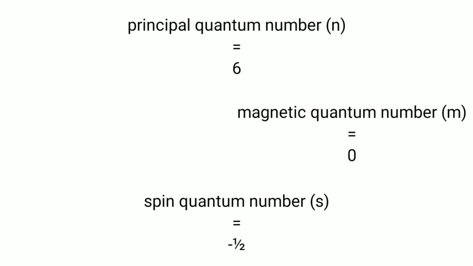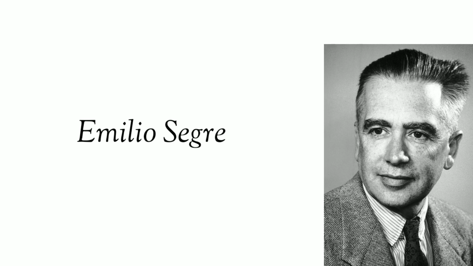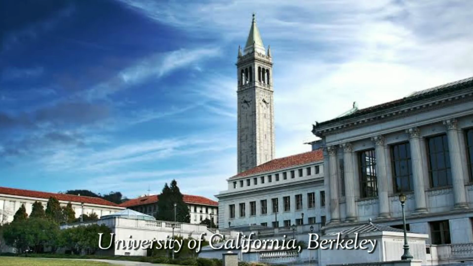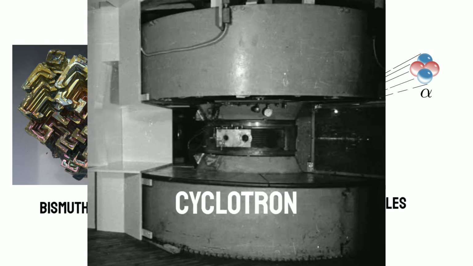Astatine was first produced in 1940 by Dale R. Corson, Kenneth Ross MacKenzie, and Emilio Segrè at the University of California, Berkeley. Astatine was made by bombarding bismuth-209 with alpha particles in a cyclotron to produce astatine-211.